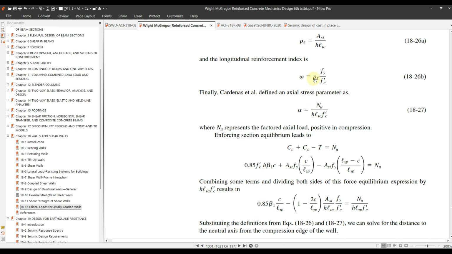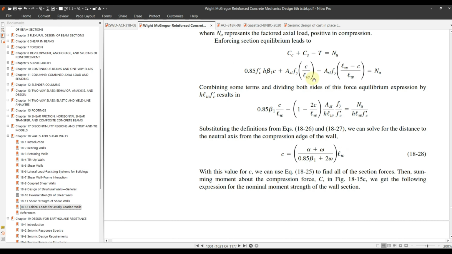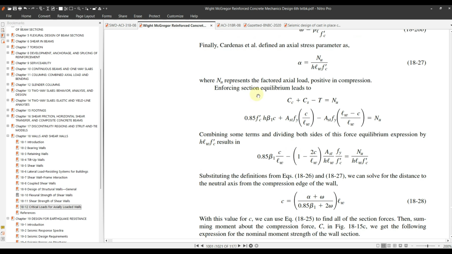Omega involves rho_L, the longitudinal reinforcement ratio. So the longitudinal reinforcement ratio is included in omega, and omega plays a role in calculating c. Therefore, you need to input the correct reinforcement while you calculate your boundary element length.